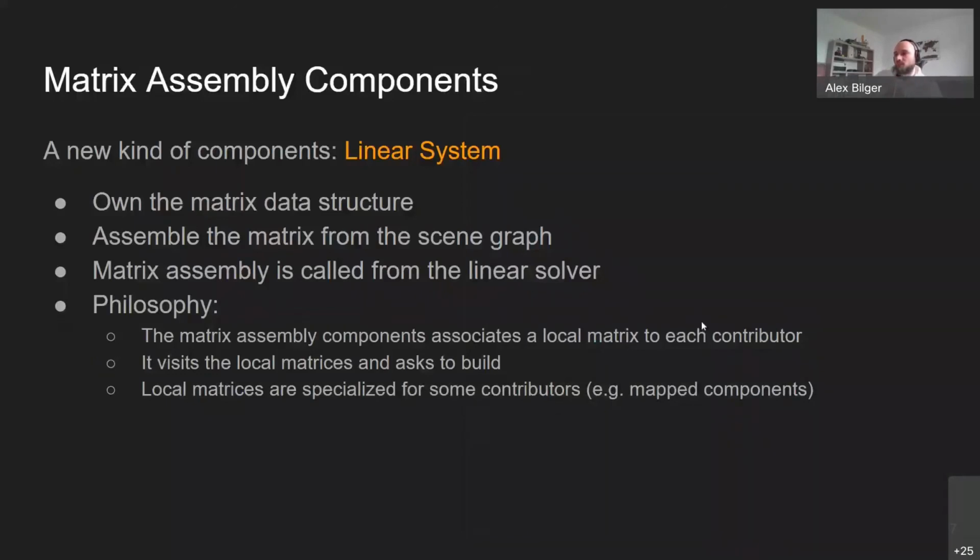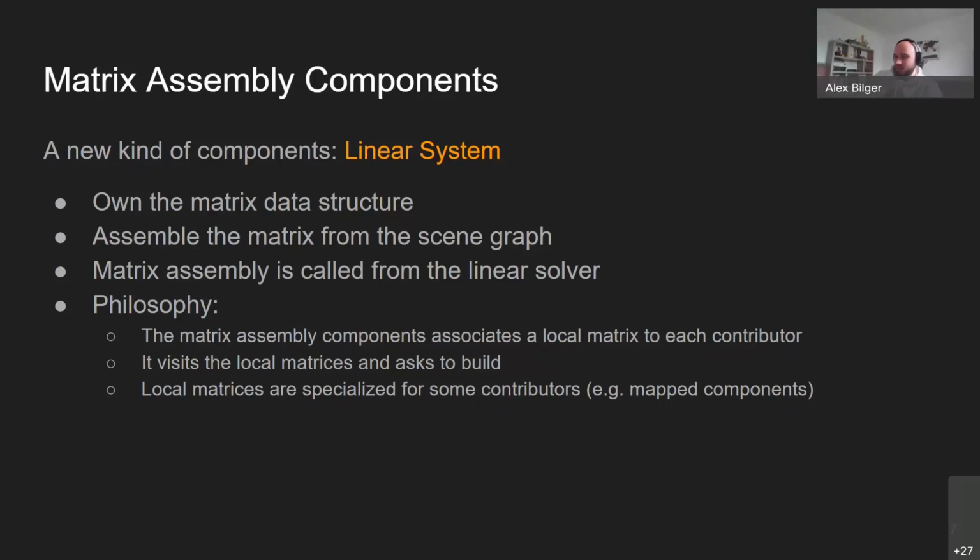So it assembles the matrix from the scene graph, and for now it's called from the linear solver before trying to solve it. So the idea again is to create and associate local matrices to each component, and they are visited so that you can have local matrices to be built.